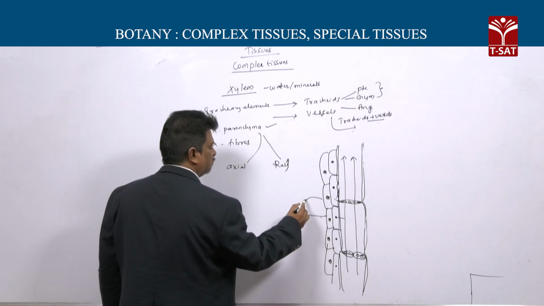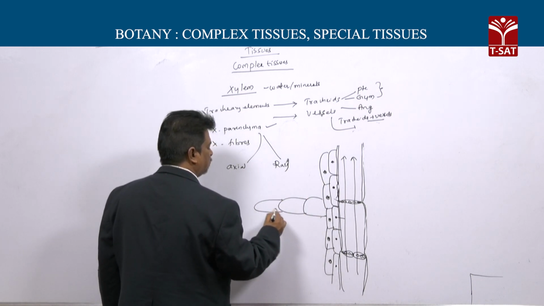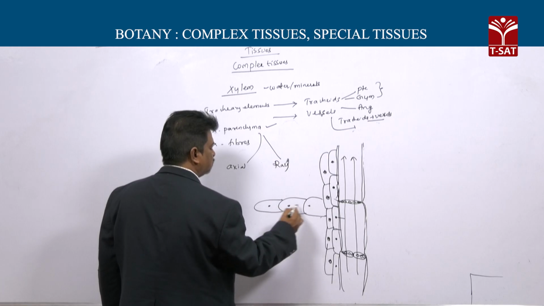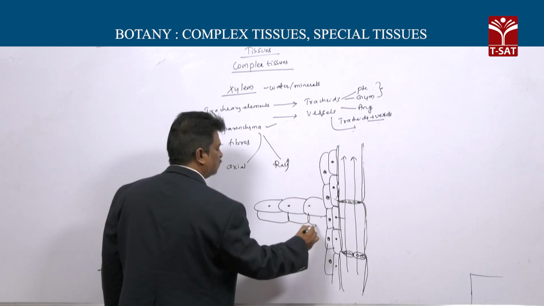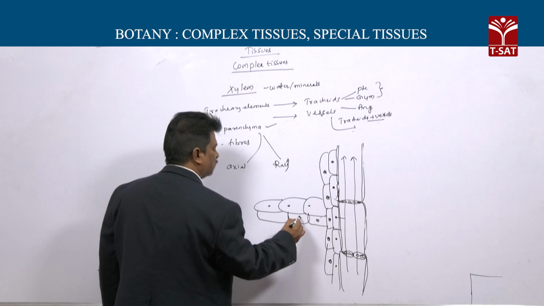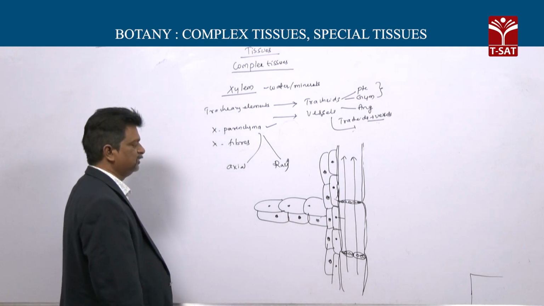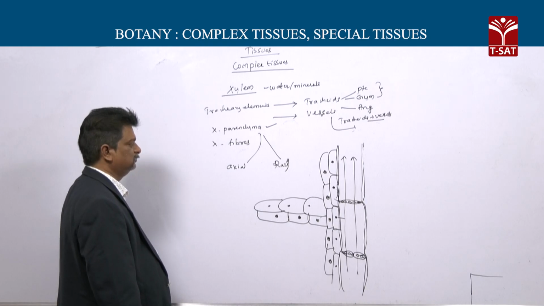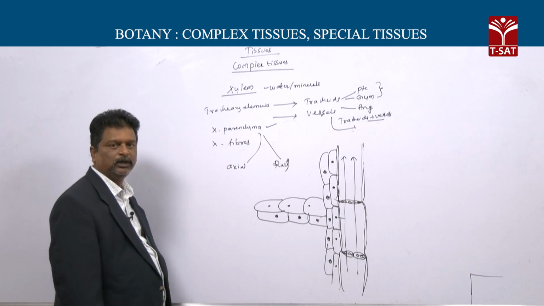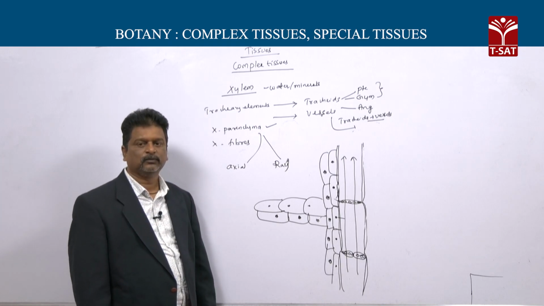Then next one, ray parenchyma. Ray parenchyma means they are arranged in radial rows, and ray parenchyma is present in secondary xylem. Actually, the function of xylem parenchyma is that it helps in storage.